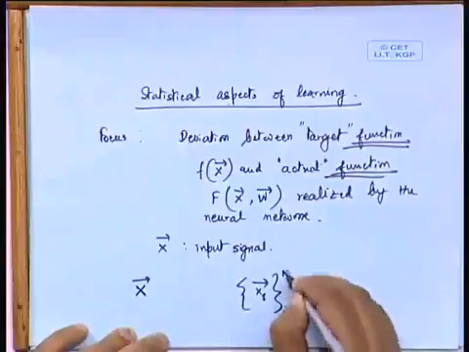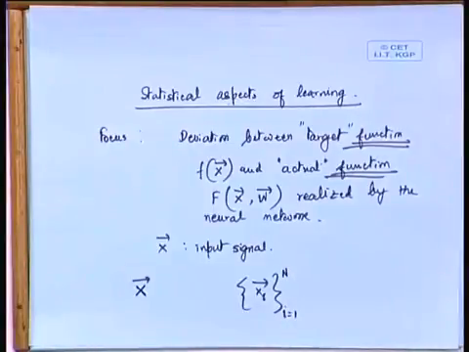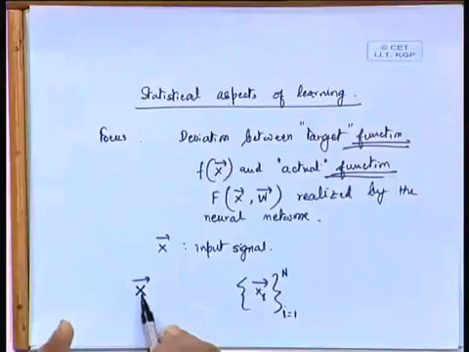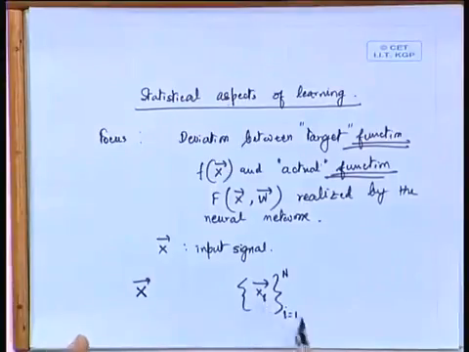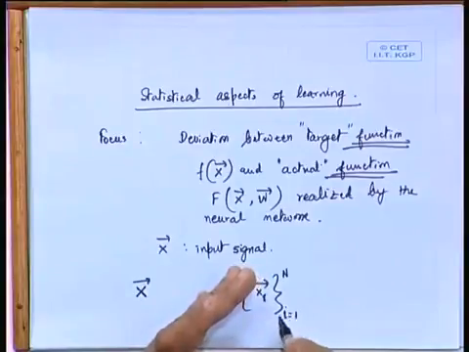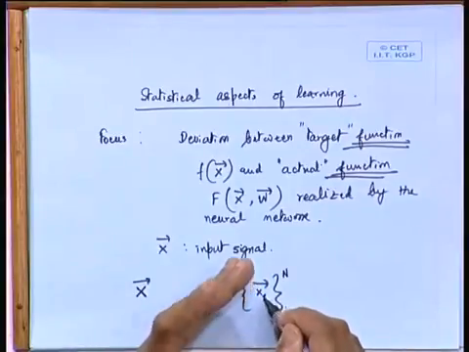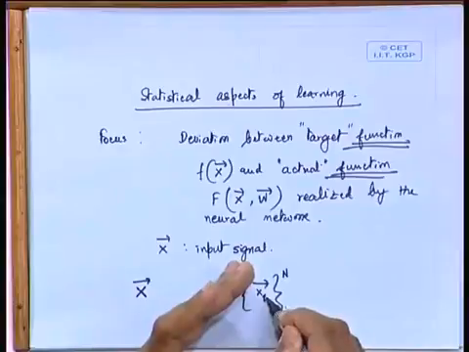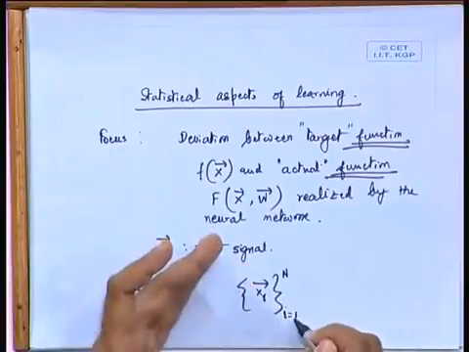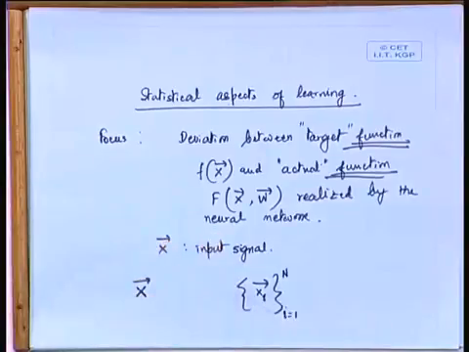So, I get a set of xi vectors for i equal to 1 to n, meaning again X vector is a random vector and I am taking its particular instance xi. Xi is the ith instance of the vector, and how many such instances have I gathered? i equal to 1 to n.